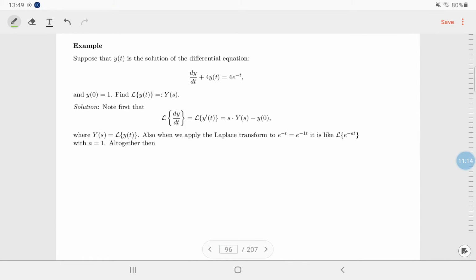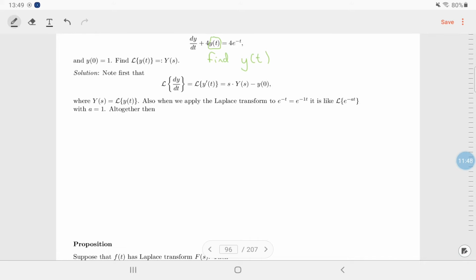You have a differential equation here, and we're going to try and find the Laplace transform of the solution. At this stage you should understand your job is to find y of t. Rather than working with this differential equation with the t's, we're going to completely translate it into an algebra equation with s's.